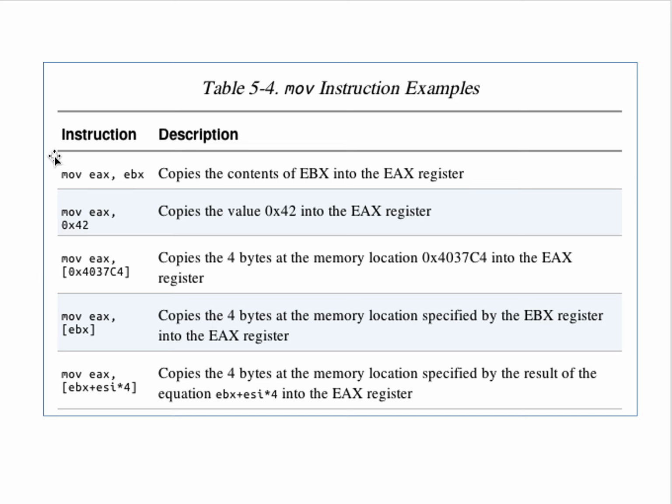So for example, move EAX, EBX means move the contents of EBX into EAX. Here, move EAX, 42 says copy value 42 into the EAX register. Here, move EAX with the location 403764, whatever's in that location, copies that into EAX.